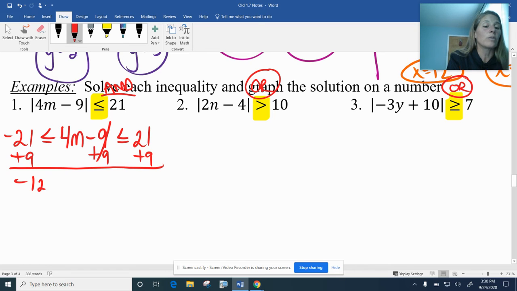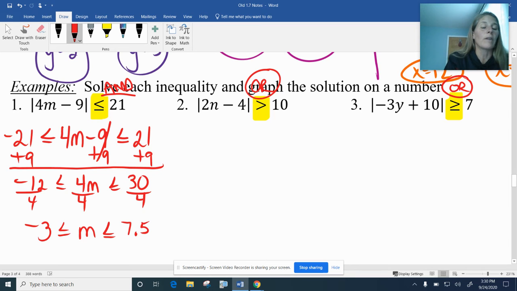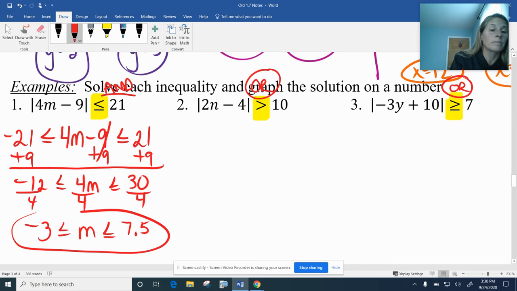So we have negative 12 is less than or equal to 4m, which is less than or equal to 30. And then we're going to divide everything by the 4 to get the m by itself. Negative 3 is less than or equal to m, which is less than or equal to, I believe that's 7.5, or you could have 15 over 2. That's fine as well. Here's our answer.